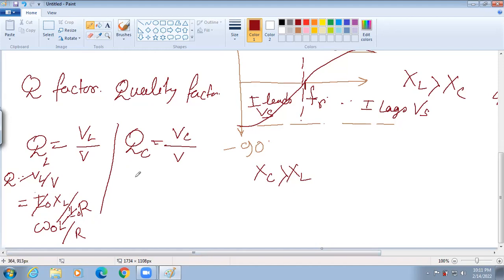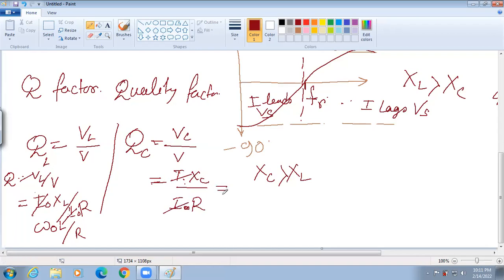In the same way, we can write the Q factor with VC equal to I naught times Xc, divided by I naught into R. The I naught cancels.